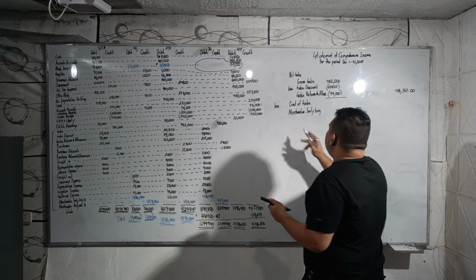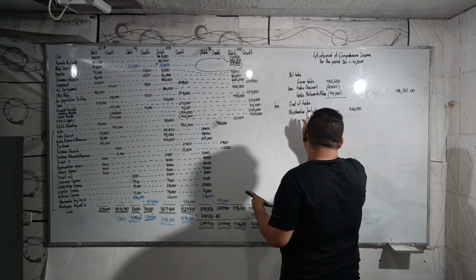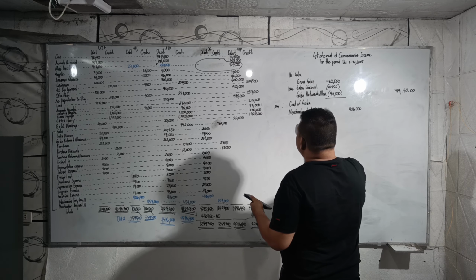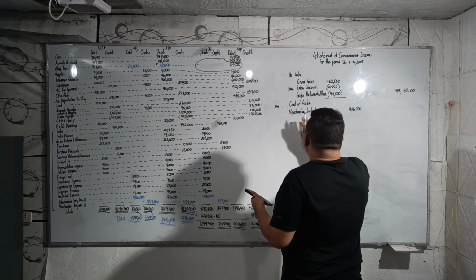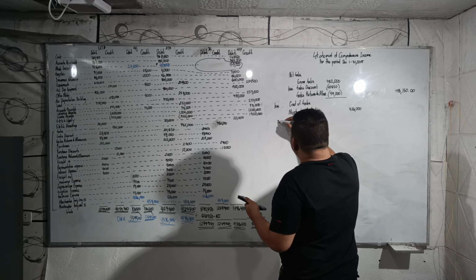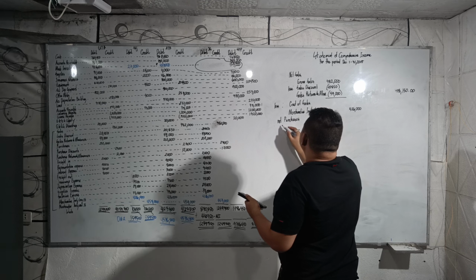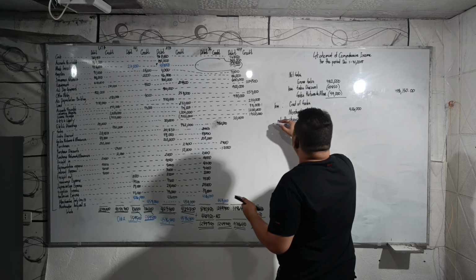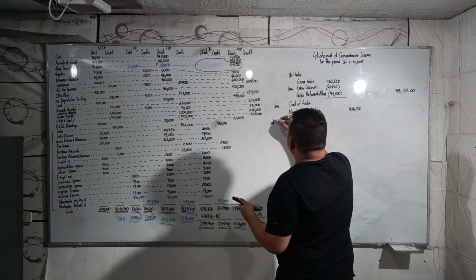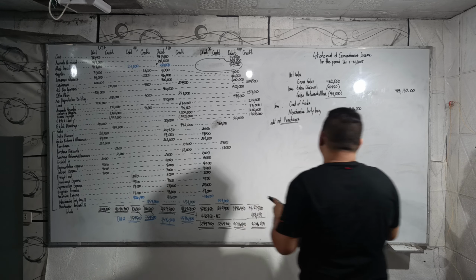And then the merchandise inventory beginning, or the inventory that was not sold last year or last period, will be added with your net purchases. Yeah, let's put add net purchases.